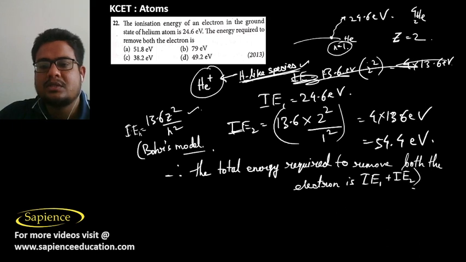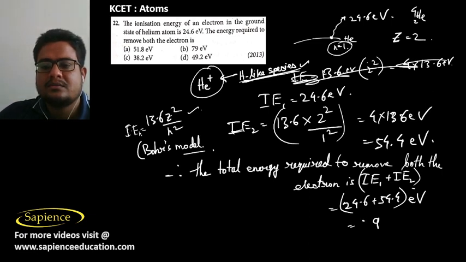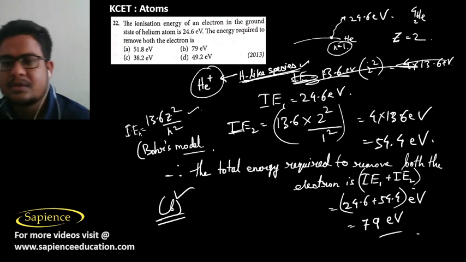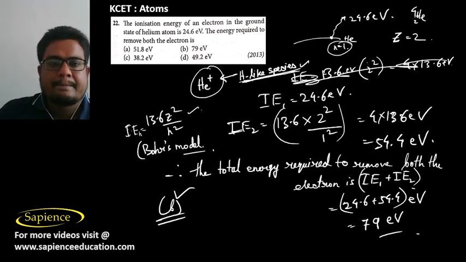It is equal to 24.6 plus 54.4 electron volt, so that will be equal to 79 electron volt. Option B is the correct answer.